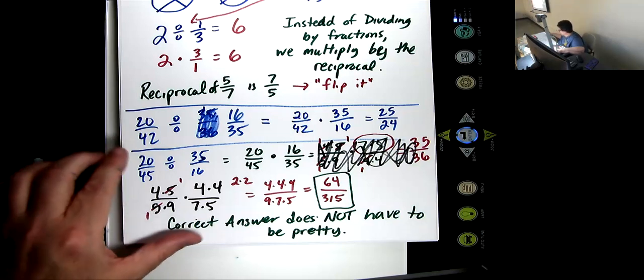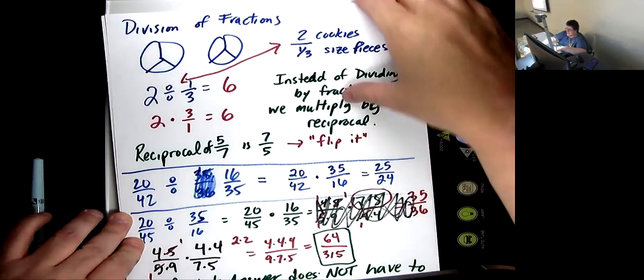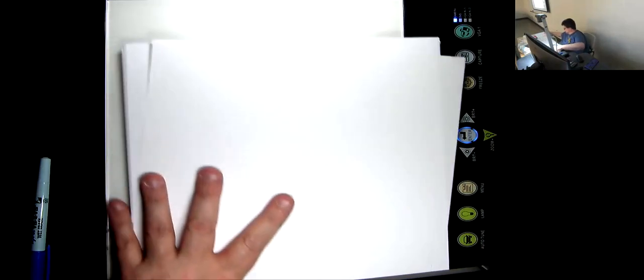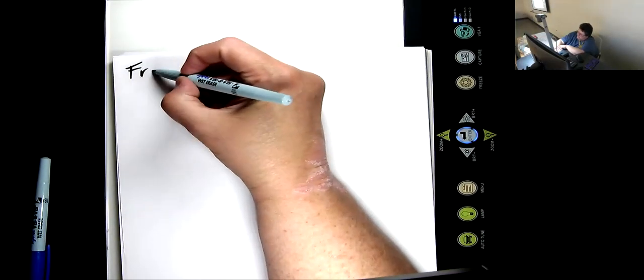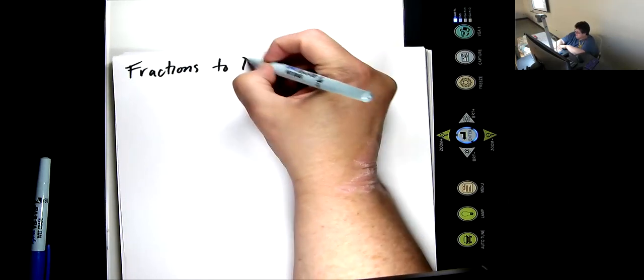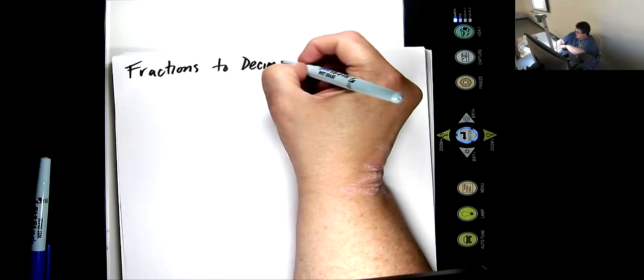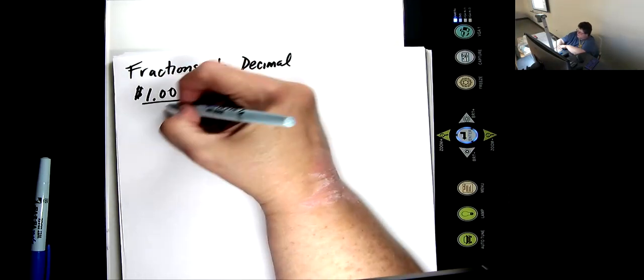All right, you guys ready for more? Fractions to decimals. Let's go with one everyone better know in here. What is $1.00 divided by 4?